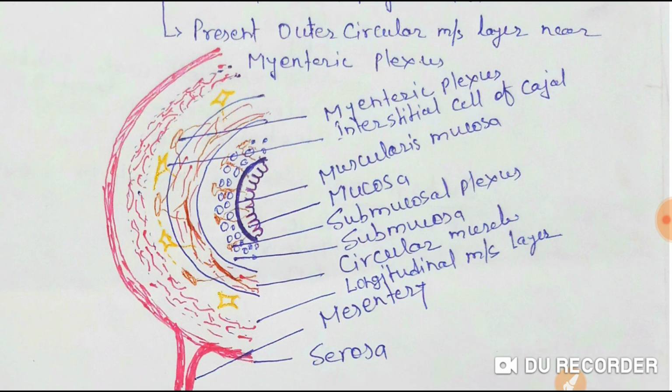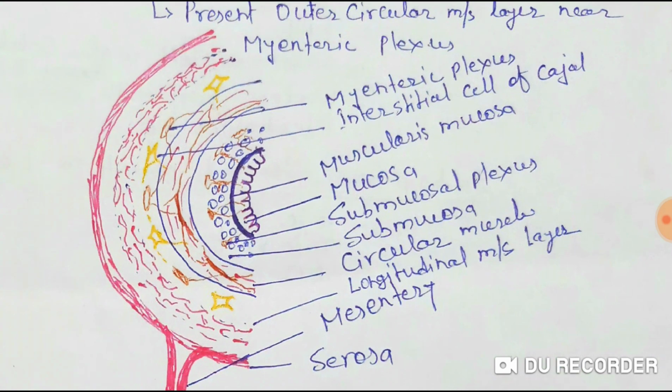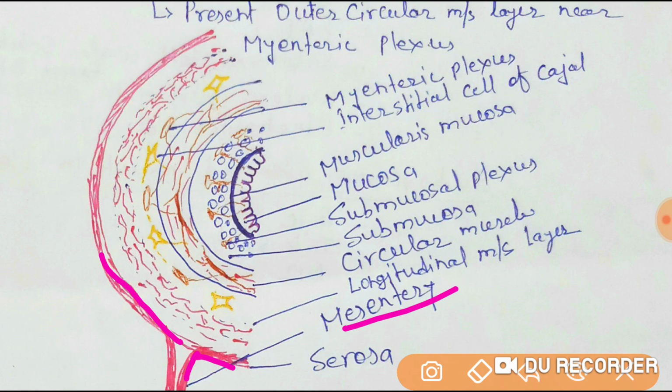If you look at this image, the outer covering is the mesenteric layer, inner to that is the serosa layer, and after that longitudinal muscles, then circular muscle layer.